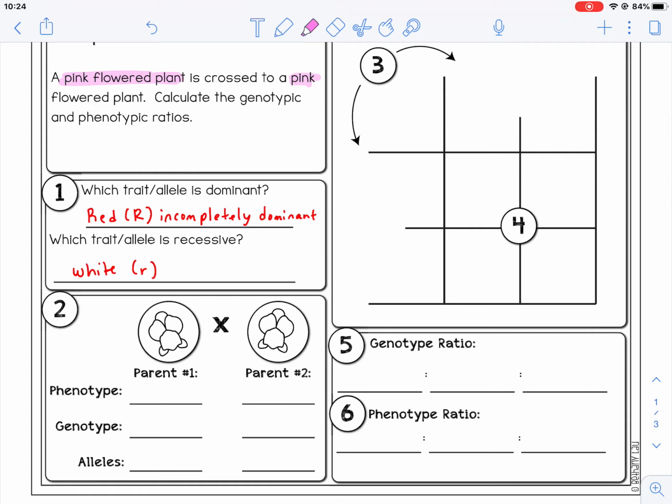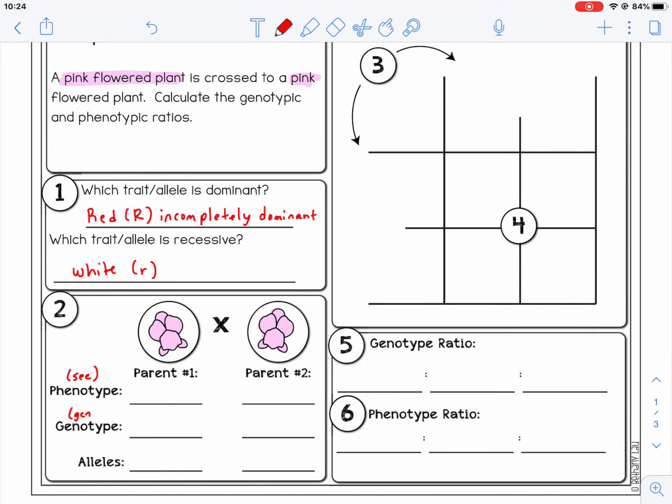Okay, so the parent plants here. We said that we're crossing a pink plant with another pink plant. So let's figure out what we're dealing with in terms of the phenotype and the genotype. Remember, the phenotype is what you see.